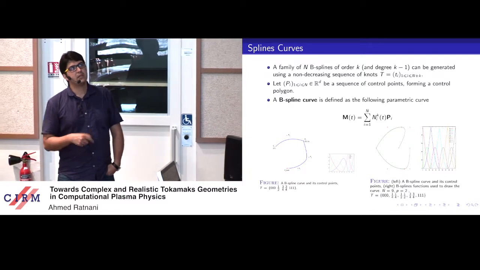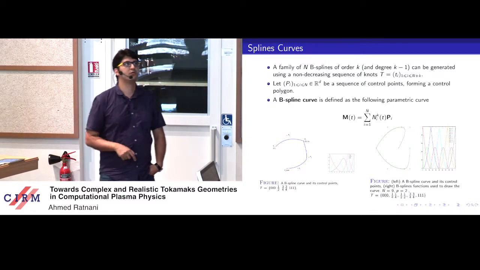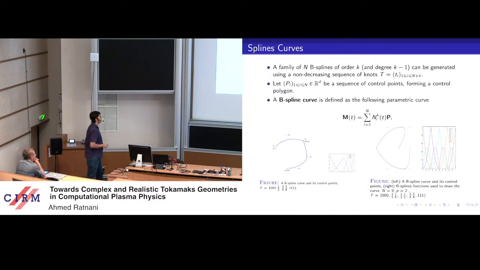Then if you want to create a curve, you need what we call the control polygon, and the control polygon is just a sequence of what we call the control points. So then you associate each one of these B-spline functions with control points using just the linear sum here.